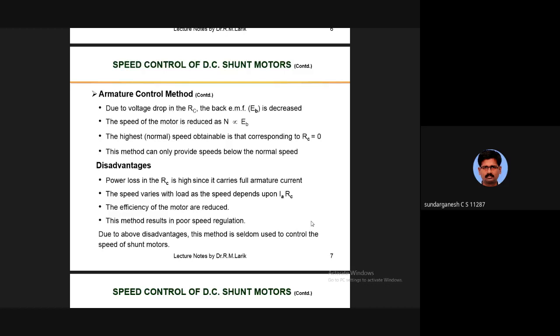Poor speed regulation means that between no load and full load, as we increase the load, the speed will gradually decrease. Due to these disadvantages, the armature control method is rarely used. Field control is widely used, armature control is rarely used.